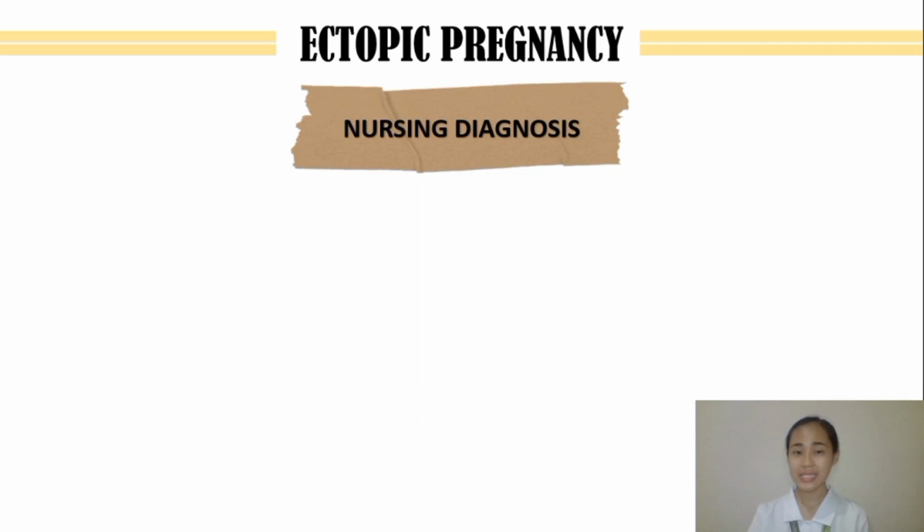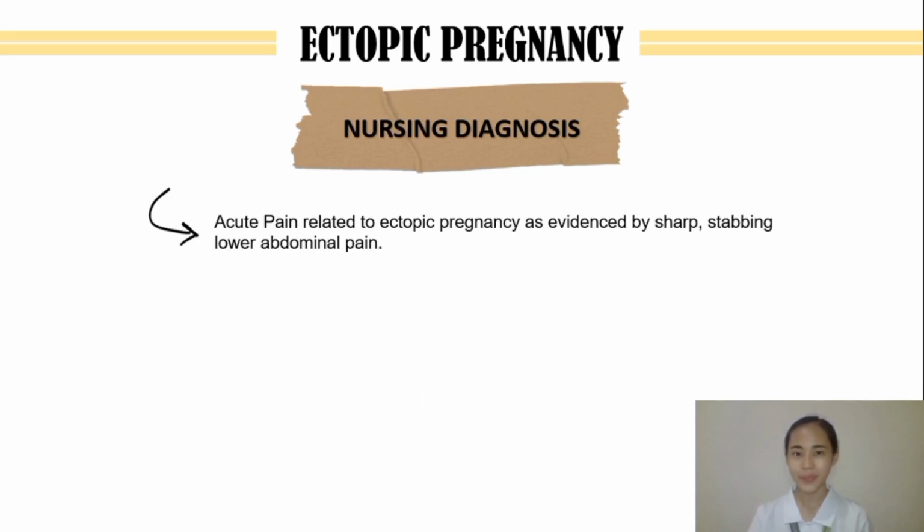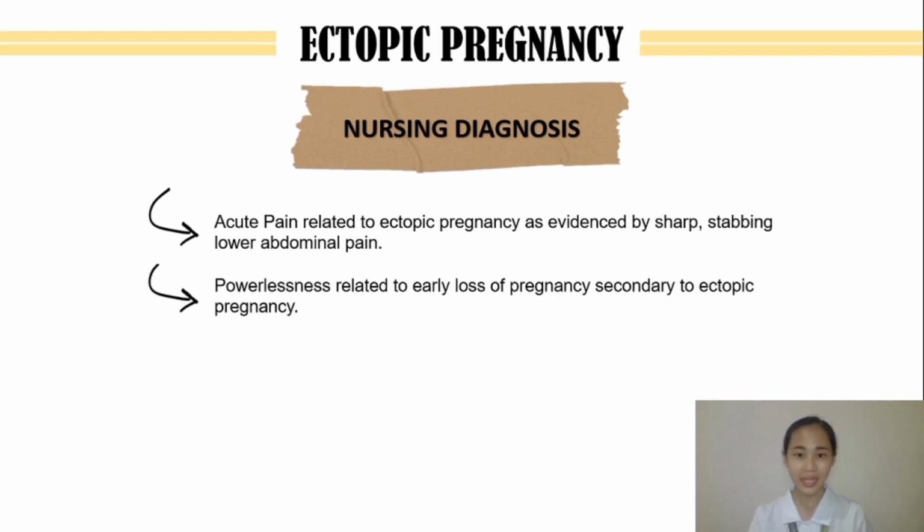These are the nursing diagnoses in line with ectopic pregnancy. We have acute pain related to ectopic pregnancy as evidenced by sharp, stabbing lower abdominal pain. Second, powerlessness related to early loss of pregnancy secondary to ectopic pregnancy.